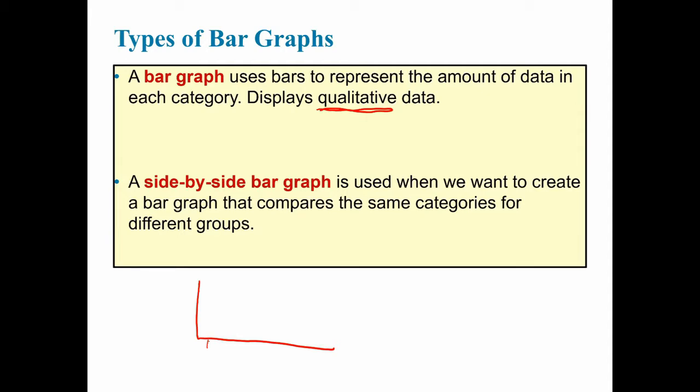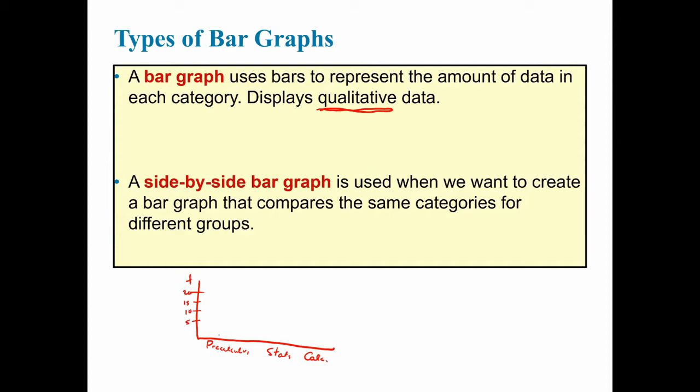I'm going to have my categories be pre-calculus, statistics, and calculus, for example. And then I would have my frequencies over here, so let's say 5, 10, 15, 20.